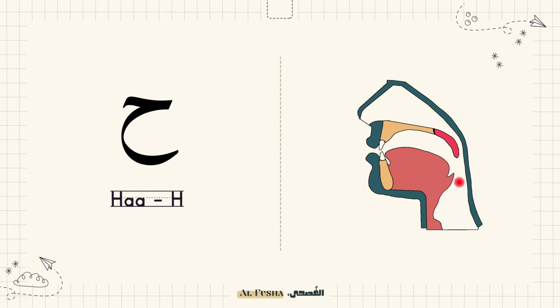You need to push it back to make a little channel, like a narrow one, so that you can pronounce Ha through. Otherwise, it will be difficult for you if you pronounce it with full mouth, like normally. You'll find all the air comes out easily. So in order to make Ha pronounced properly, we need to make the channel of the air really narrow.